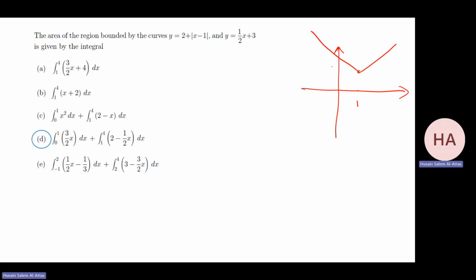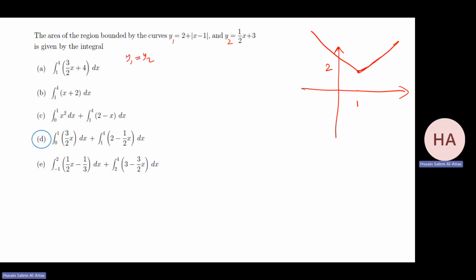What I have, this is 1 and 2. And I have the line y equal half x plus 3. When the area of the region bounded between these two curves, when the two curves intersect, I need to solve them. Y1 equal y2. I have absolute value.